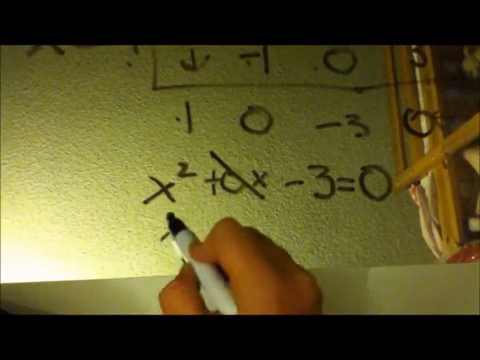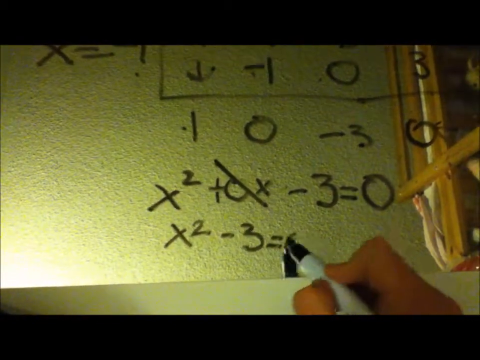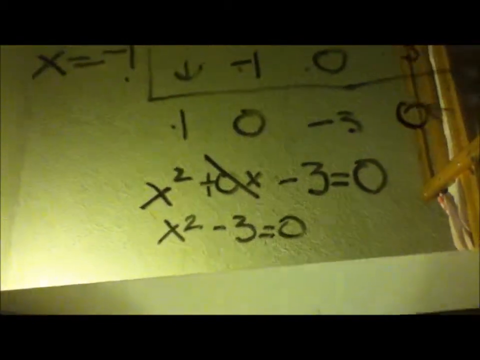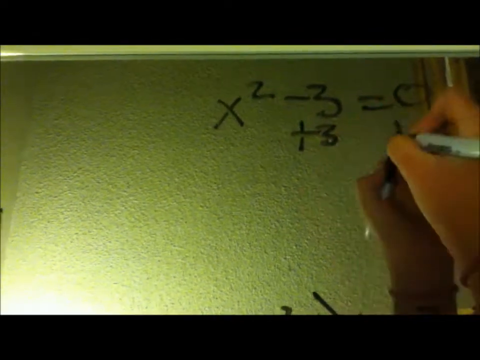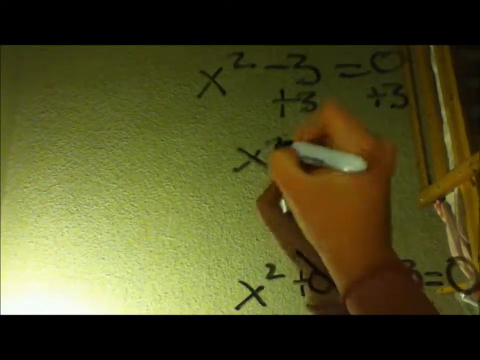So x squared minus 3 equals 0. And you need to find x. X squared minus 3 is equal to 0. You need to solve for x, so you add 3 on both sides. That's x squared is equal to 3.